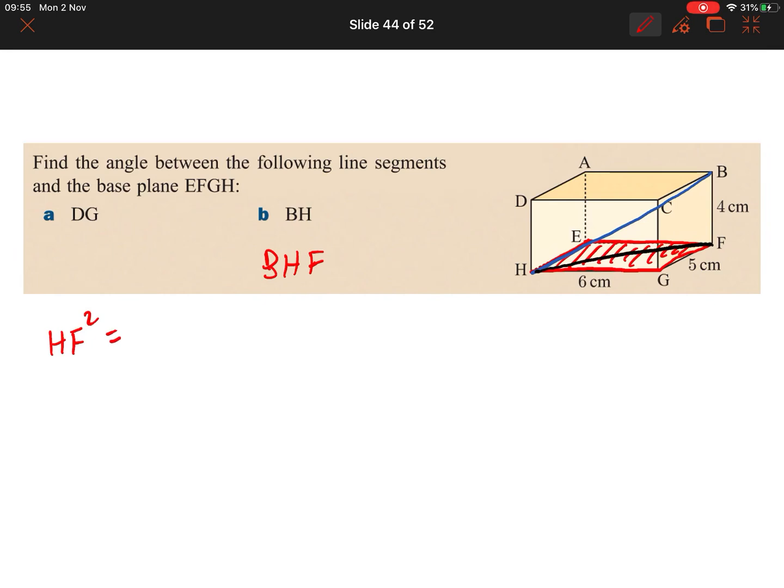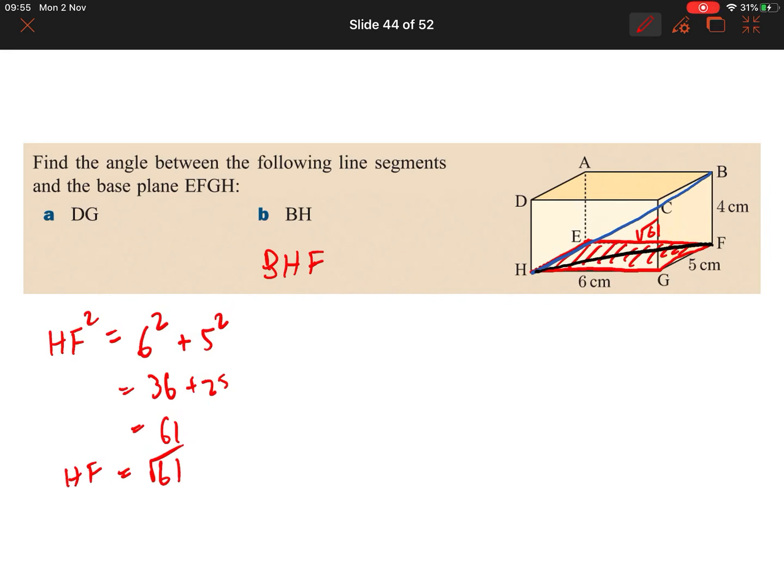BH or HF. But HF is very easy to calculate because we can use Pythagoras' theorem there. HF squared is 6 squared plus 5 squared, which is 36 plus 25, which is 61. So HF is equal to root 61.